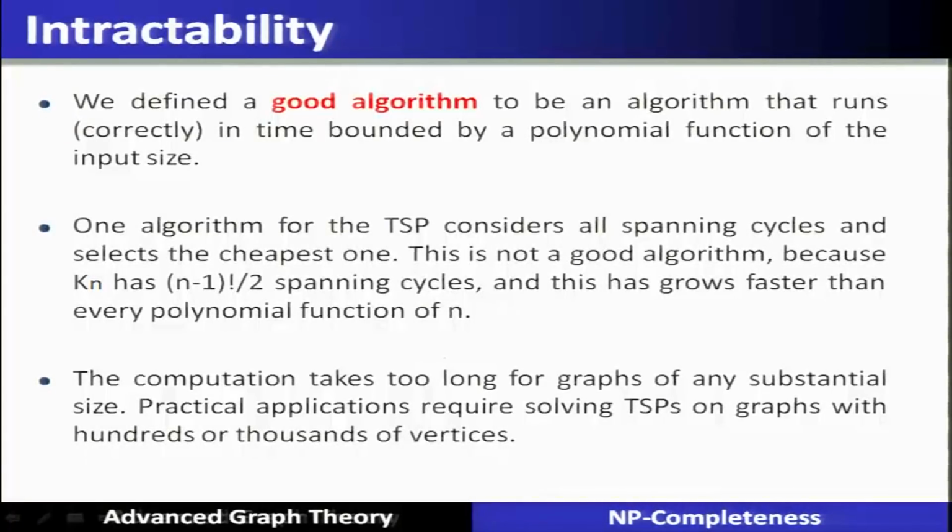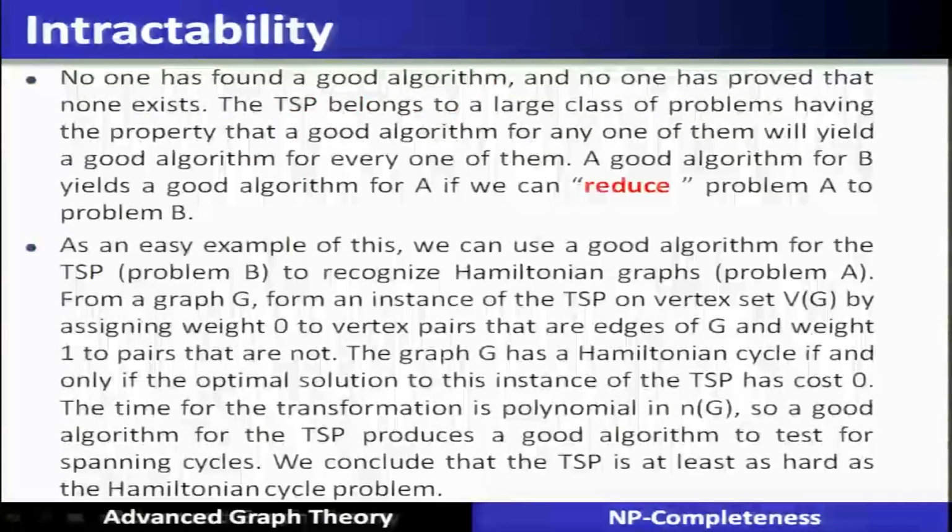So, are we searching for a good algorithm? No one has found a good algorithm for the traveling salesman problem, and no one has proved that none of these algorithms exist. The traveling salesman belongs to a large class of problems having the property that a good algorithm for any one of them will yield a good algorithm for every one of the other such problems for which good algorithms are not yet known.